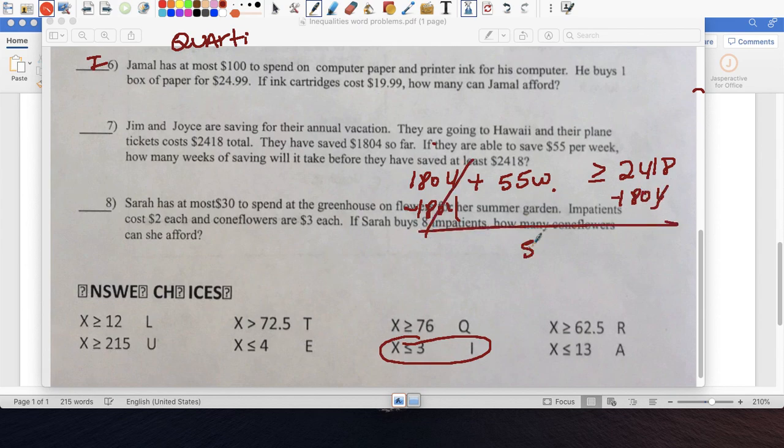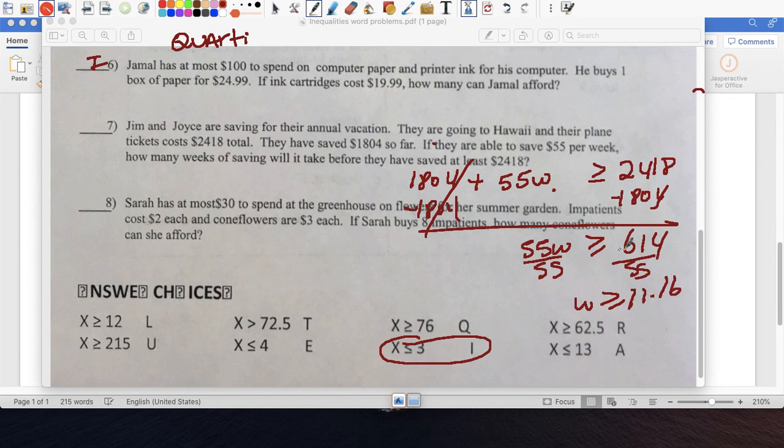That goes away. 55W is greater or equal to 24.18 minus 18.04. 2418 minus 1804 equals 614. Divide both sides by 55. And the number of weeks that it will take for them to save up an amount equal to $24.18 is going to be 11.16.